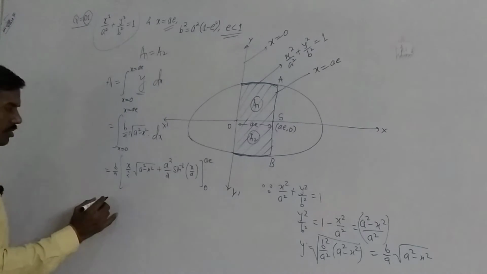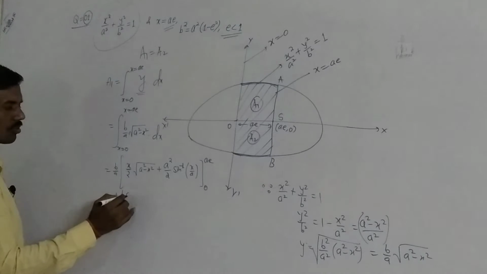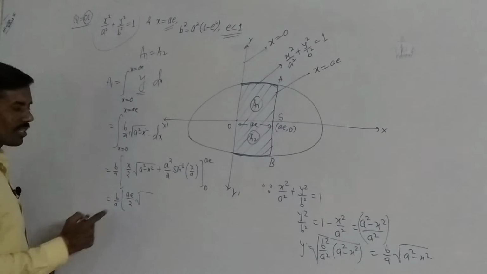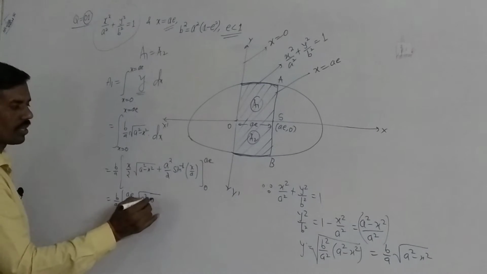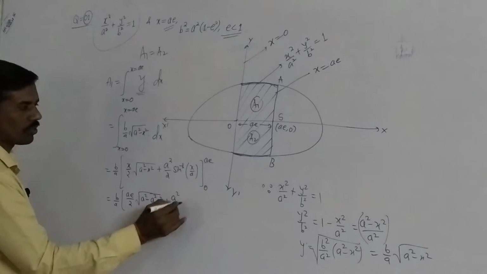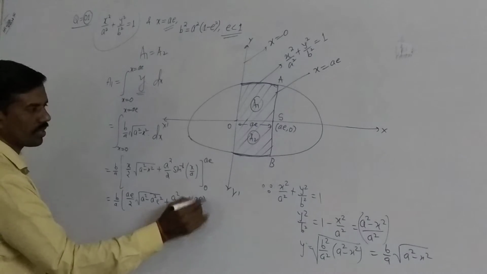Okay, let us substitute the limits, that is upper limit x is equal to AE. We get AE upon 2 under root of a square minus a square e square plus a square upon 2 into sin inverse of AE upon a.